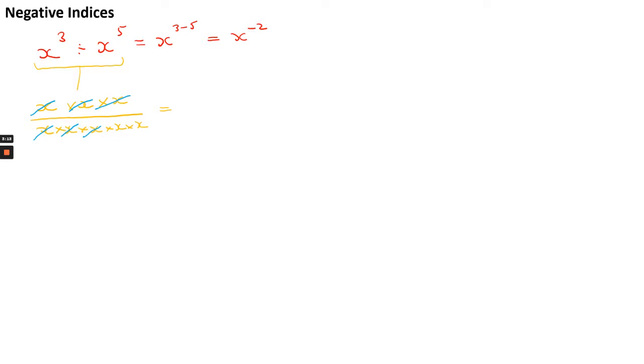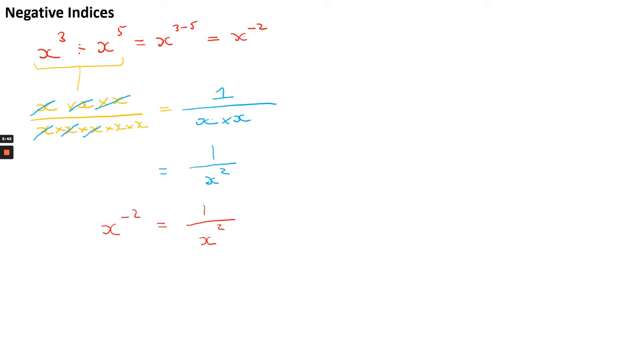And as I've got no x's left on the top, I'm going to be left with 1. And on the bottom, I've got x times x. I can rewrite that as 1 over x squared. And that means that I can easily write x to the power of negative 2 as 1 over x squared. Okay.